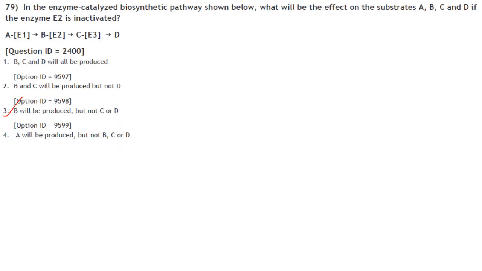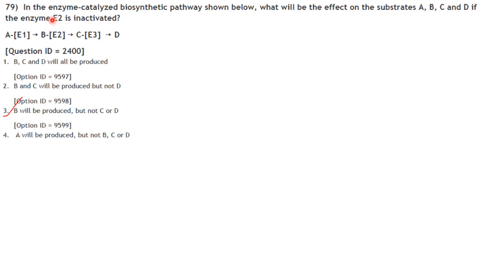Then next one. In the enzyme catalyzed biosynthetic pathway shown below, what will be the effect of substrate A, B, C and D if enzyme E2 is inactivated? So A is converted to B in the presence of the enzyme E1. B is converted to C in the presence of the enzyme E2. And C is converted to D in the presence of enzyme E3.